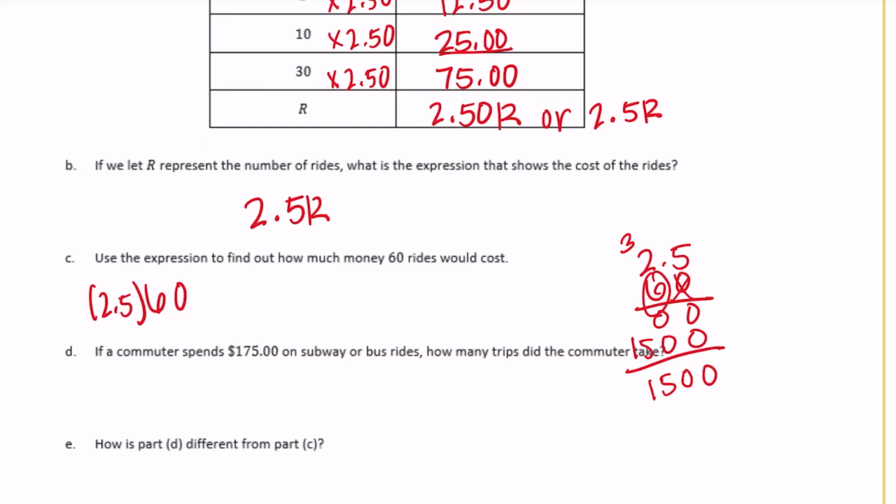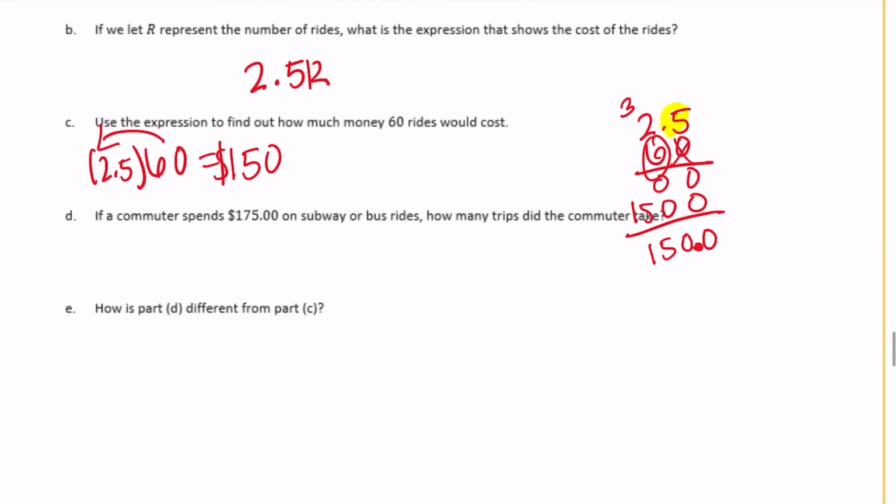Now there was one digit behind a decimal point, the 5, which means we need to move the decimal point over one place. So we get $150 for 60 rides. Another way I would have done it is split this up: I know 60 times 2 is 120. 60 times a half, or half of 60, is 30, so just do 120 plus 30. You can also just multiply it out.